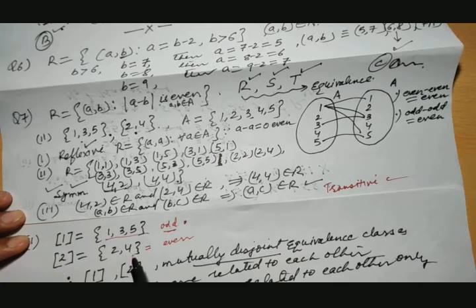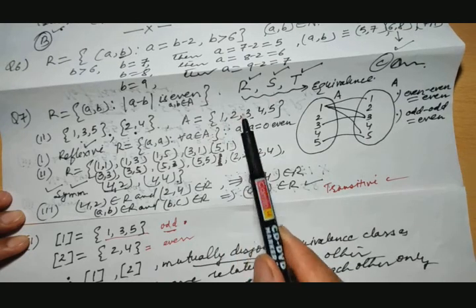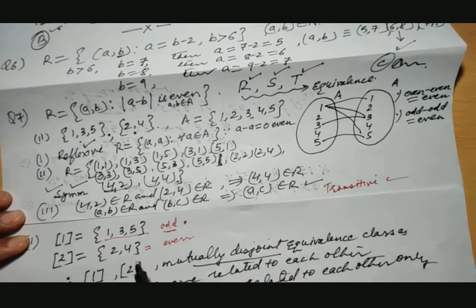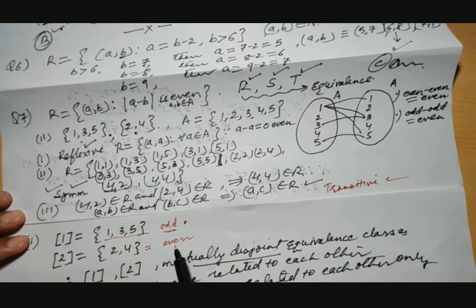Similarly, another class produced here is the set of all even integers. These integers are to be taken from the set A only, which is your basic set. The difference of any two even numbers is also an even number.